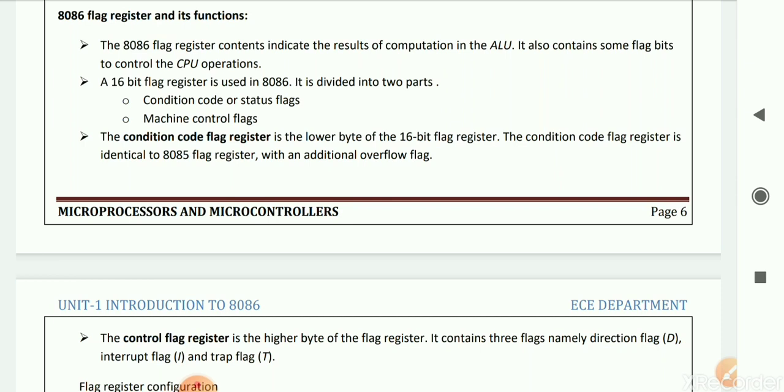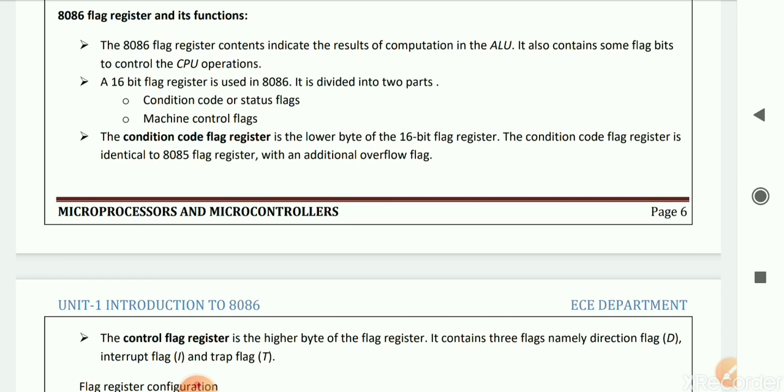Now in the 8086 microprocessor the flag register is 16 bits and it is divided into two parts, that is the conditional flags and the machine control flags. The conditional flags come in the lower byte of the flag register, and the machine control flags come in the upper byte of the 16-bit flag register.